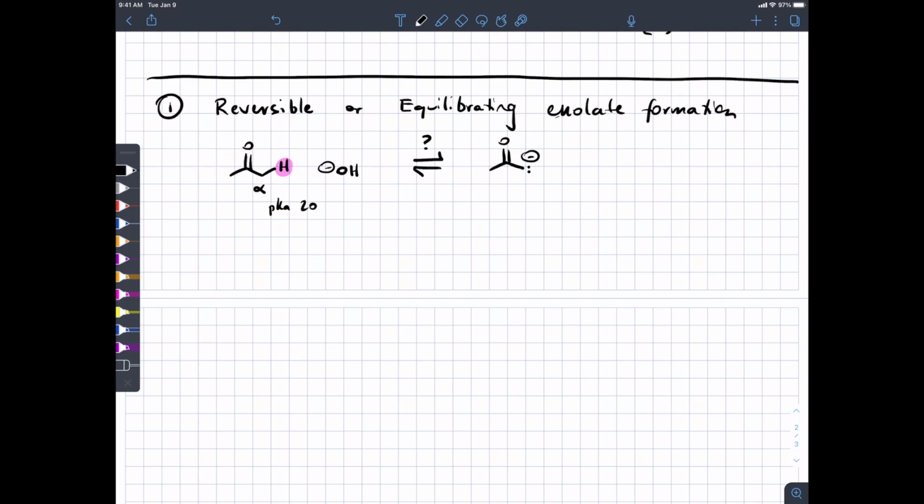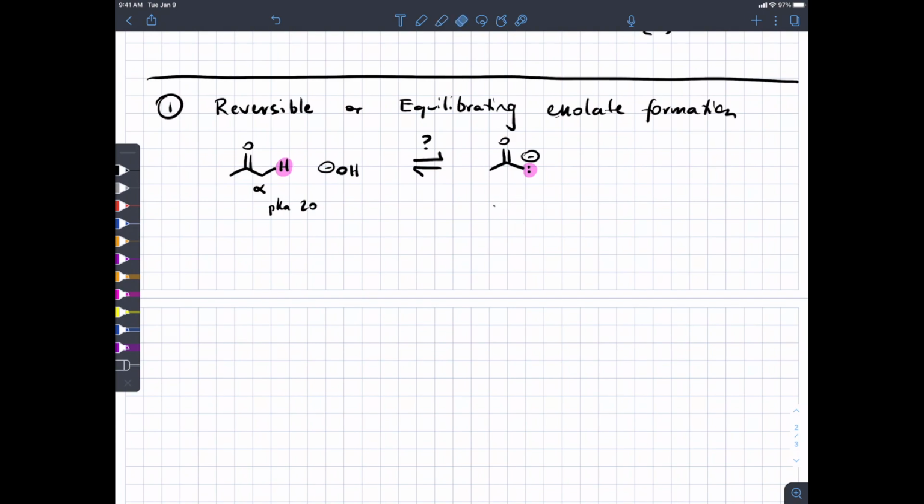By the way, it's always okay to draw the enolate in either of the two resonance structures. I'm going to typically draw it this way because a lot of the chemistry we're going to do is going to be at the alpha carbon, but there's nothing wrong with drawing the enolate this way. And whichever resonance structure you see, you need to be aware that the negative charge is on both the alpha carbon and on the oxygen.